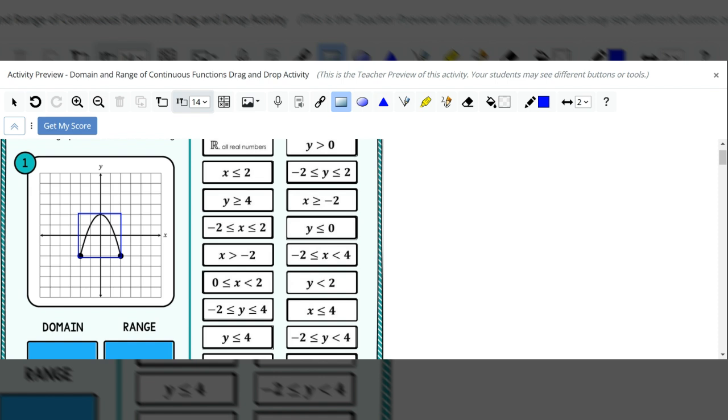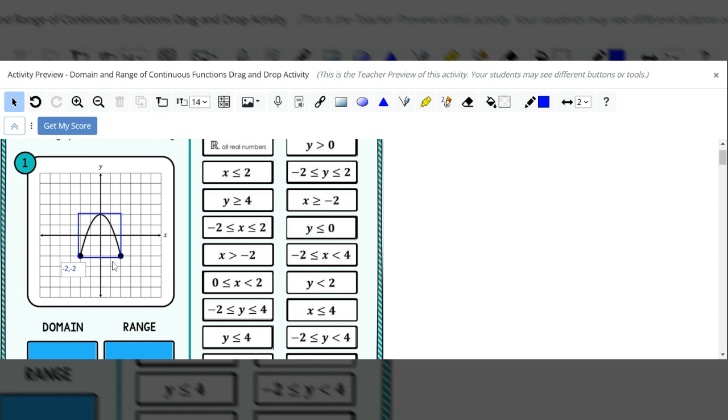That's negative 2. So let's write this way here. This point here is negative 2, comma, negative 2.